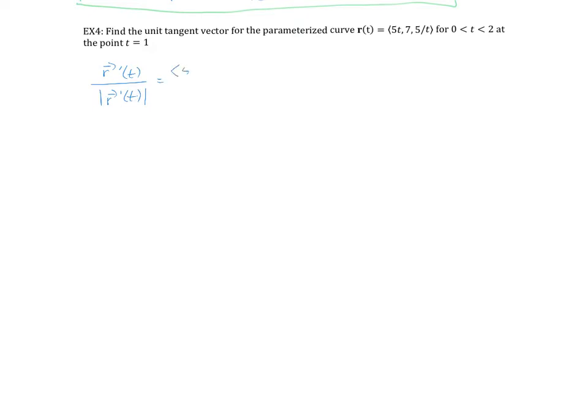This becomes 5, 0, negative 5 over t squared. That would be my vector. And then in the denominator, I'll have 5 squared, or 25, plus negative 5 over t squared, squared.